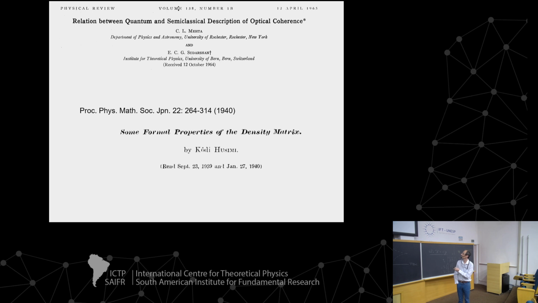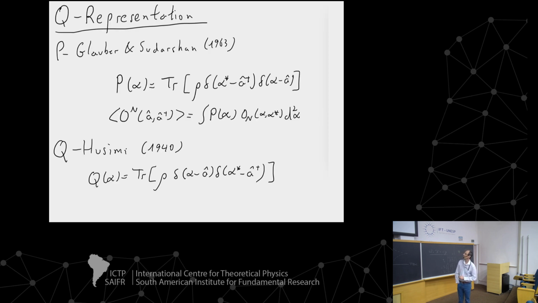But this Husimi distribution comes with some advantages. I'll begin my claim by using a different ordering of the operators. So the Glauber-Sudarshan used the normal ordering for evaluation. So we'll be using Husimi to work with the anti-normal ordering. Once again, you can go to Scully and Zubairi.